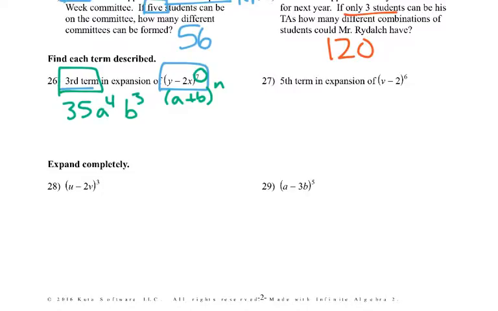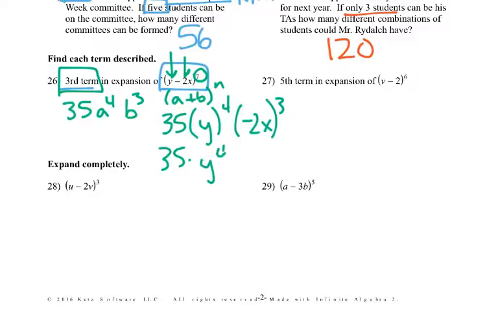Now we take our numbers, plug them in, and simplify as best we can. So a would be y, b is negative 2x. So 35 times y to the 4th for a, times negative 2x to the 3rd for b. So 35 times y to the 4th times negative 8 x cubed.